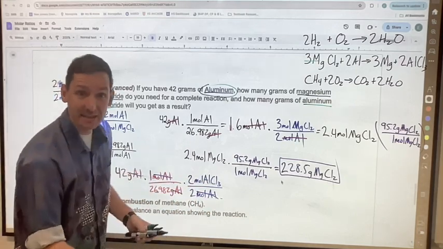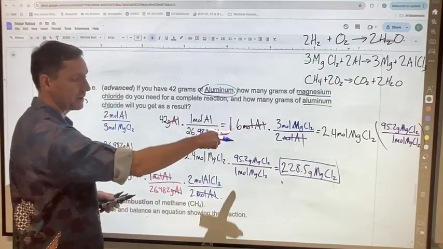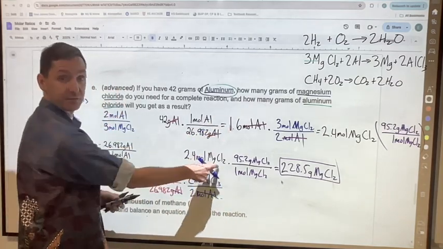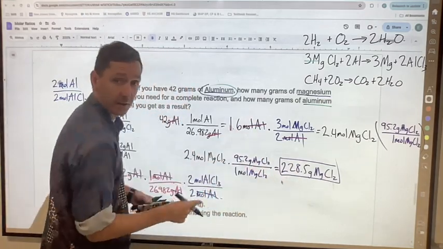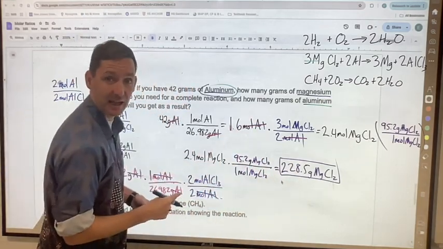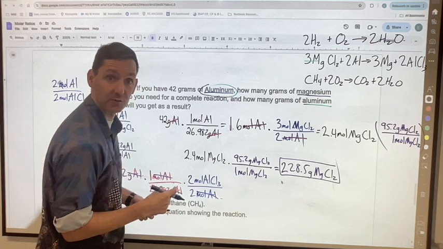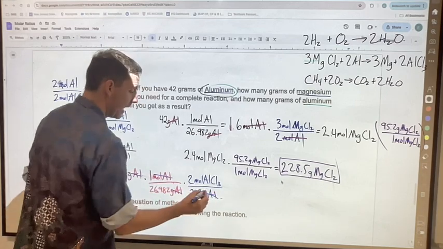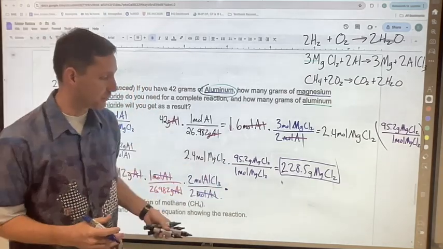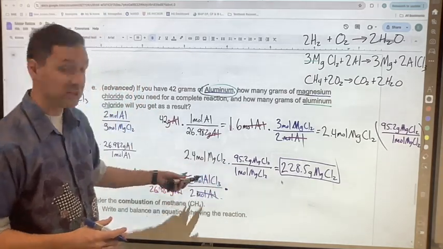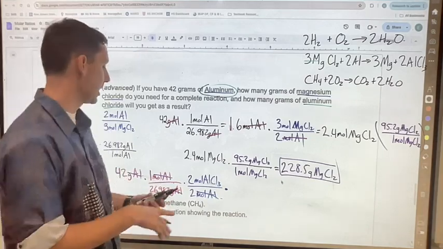Now we know what the next step is going to be, right? We just did it up here. Now we know that once we have the moles of this, I'm now going to turn that into grams using that last conversion factor, right? And so we're going to go, okay, times, now I need to figure out what the grams per mole of AlCl3 is.